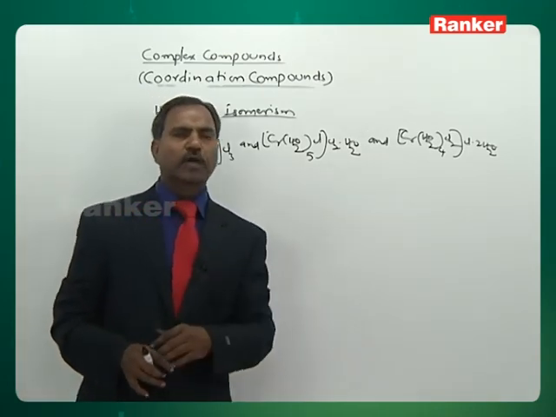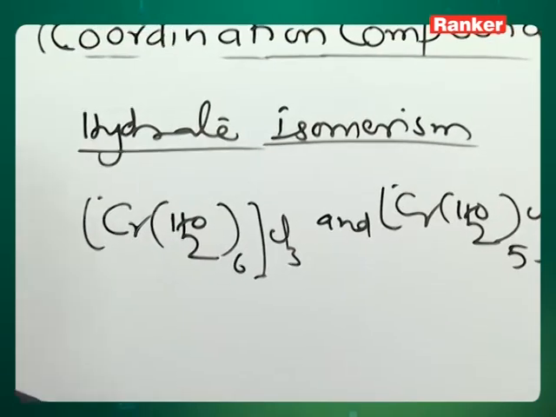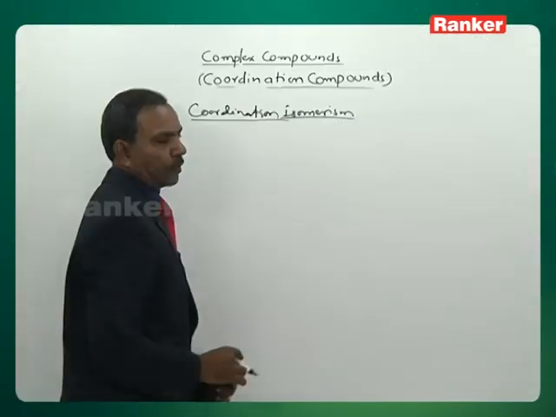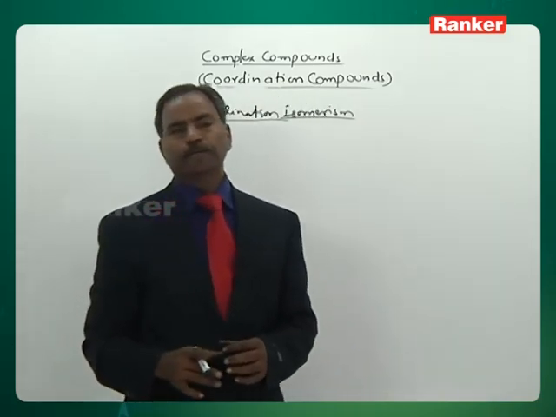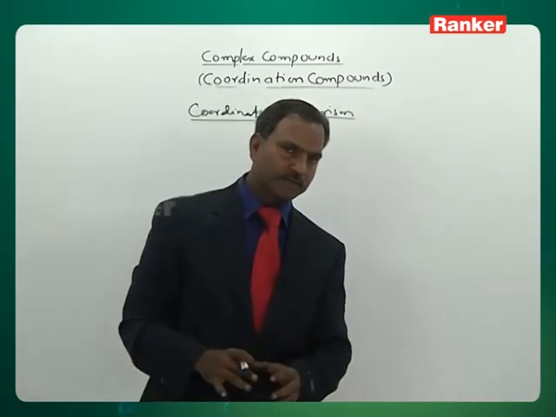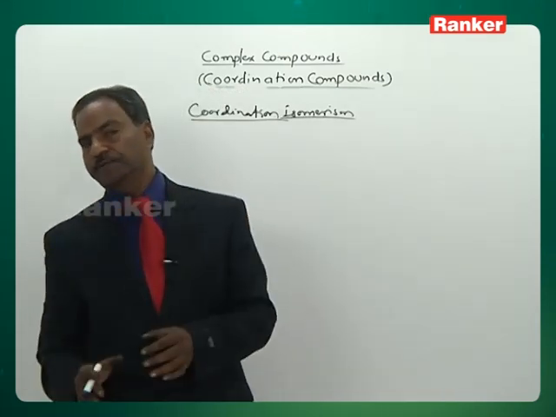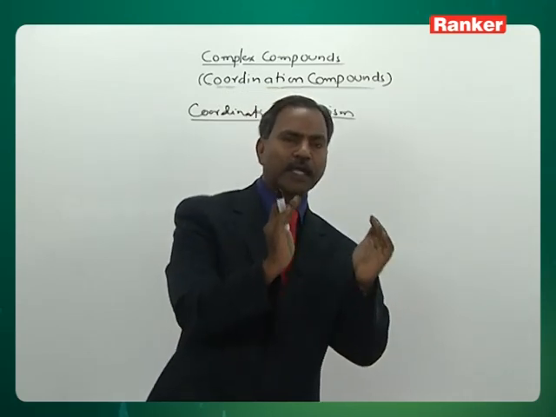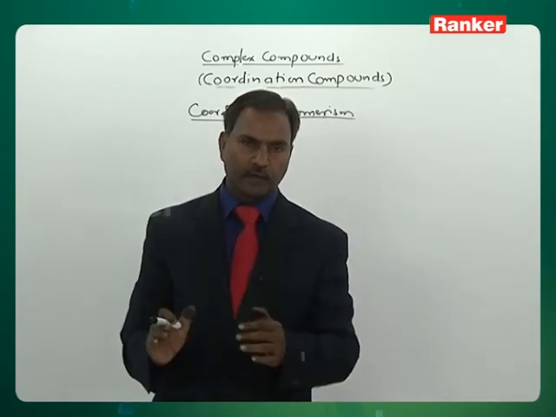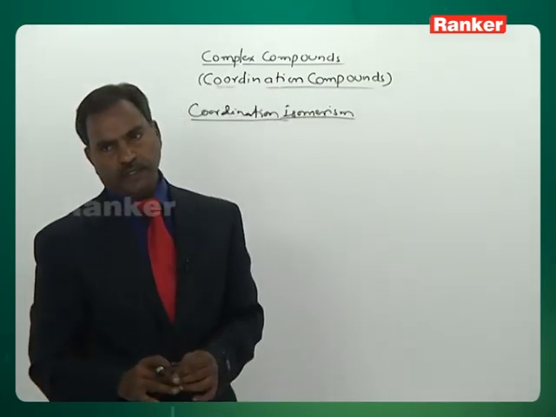Let's come to the next one, coordination isomerism. Recollect in the nomenclature, we took some complexes containing a complex cation and anion. In some complexes there is a complex cation and a complex anion, so 2 coordination spheres are there.